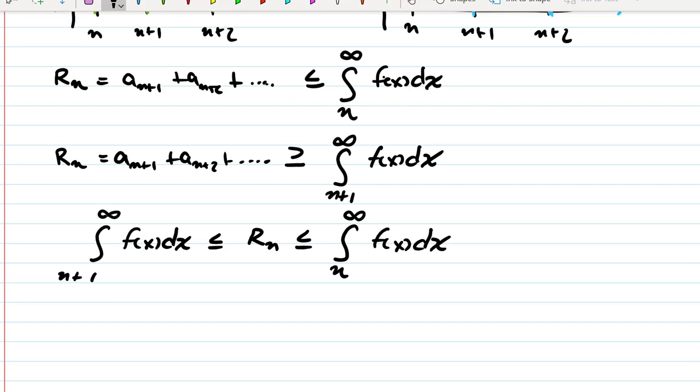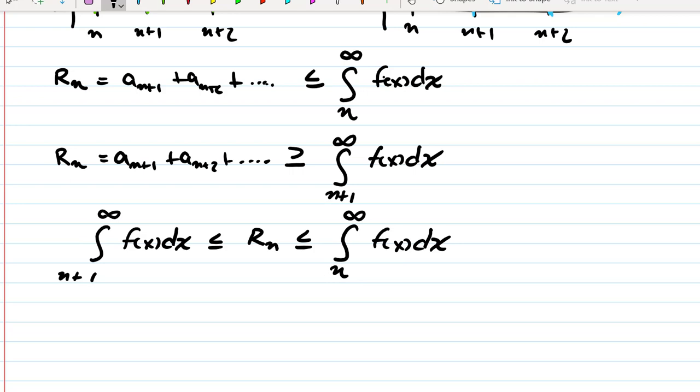So the remainder is trapped in between these two things. That means that our error is then trapped between these two things as well. Or we can use it to help approximate.